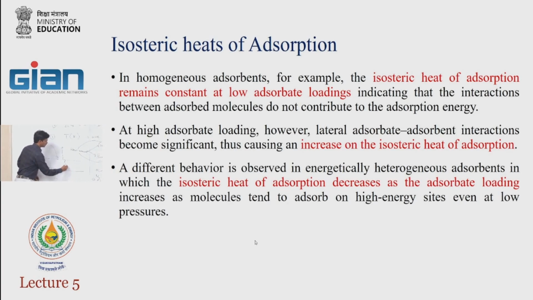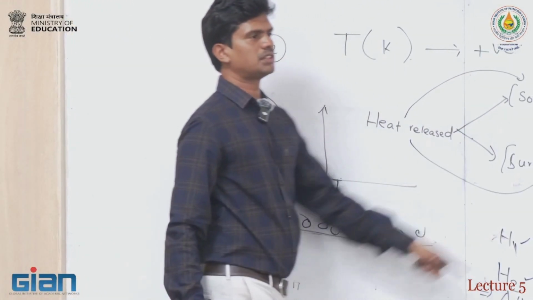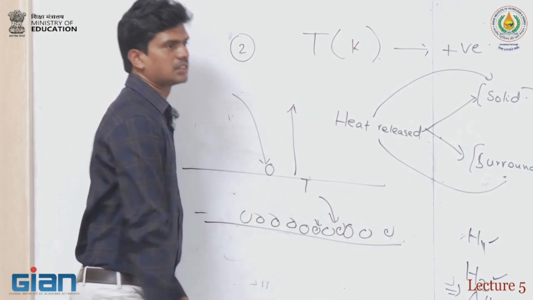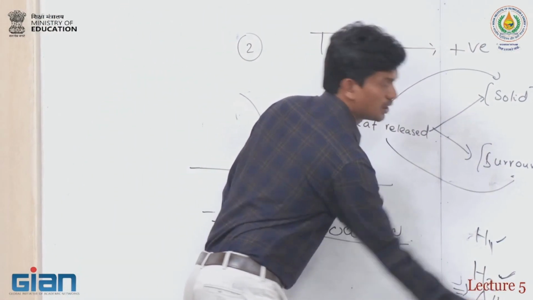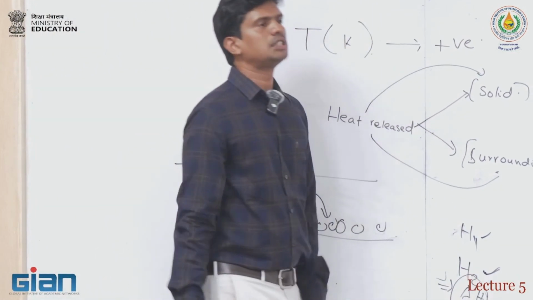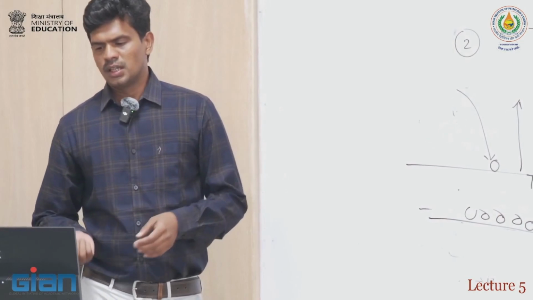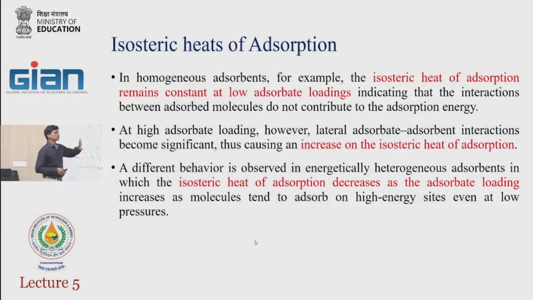That is our new H1. Now you add one more molecule, calculate H2, and this will give you a new delta H. So the isosteric heat of adsorption depends on the loading. That is for homogeneous surfaces; usually whenever we have a homogeneous surface, we observe this kind of behavior.